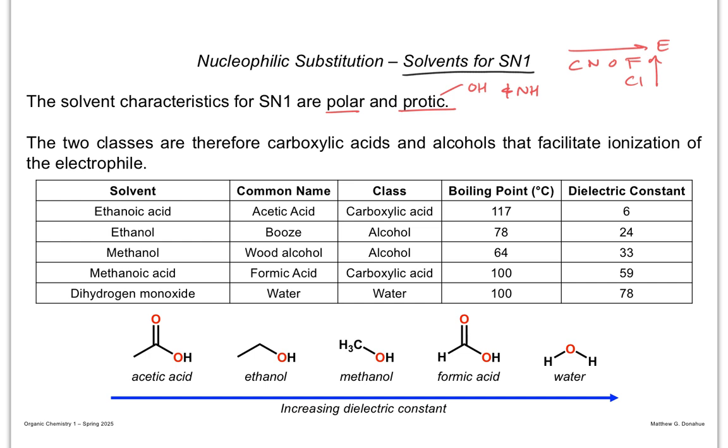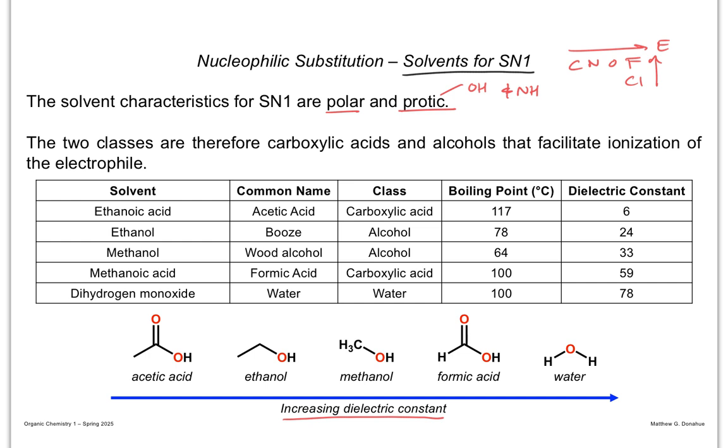So of the 5 solvents listed here, from left to right, they are increasing in dielectric constant. I'll explain what that means in regards to the mechanism, why that's important, but you can see that we have acetic acid, so that's ethanoic acid.